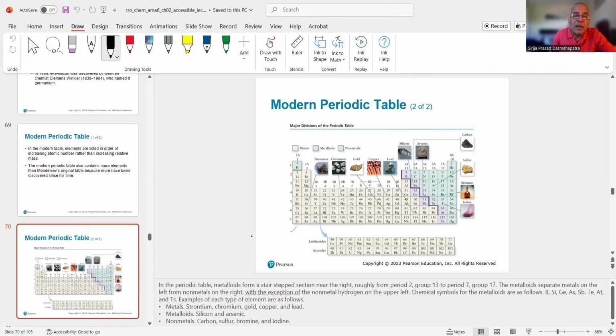They are called alkali metals. Group 2 is called alkaline earth metals.